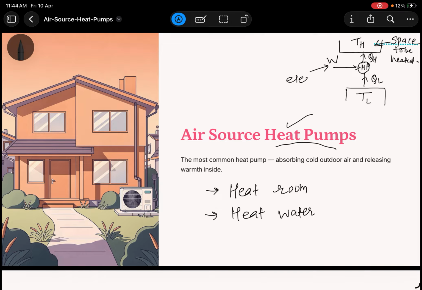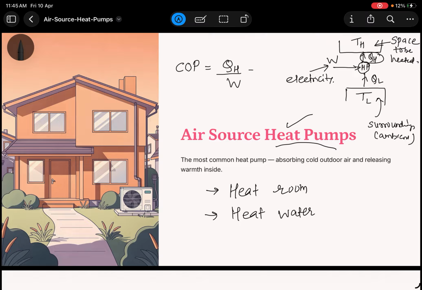This machine takes the heat from the surroundings, the outside ambient, and pumps the heat to this space. The performance of this machine, captured by the coefficient of performance, is equal to the heating effect, that is how much you want to heat this room, upon the supplied power.